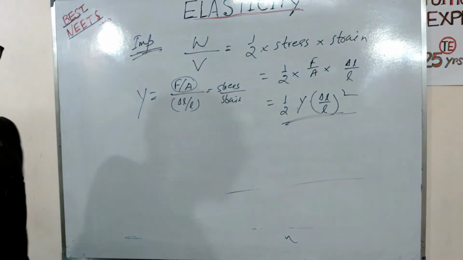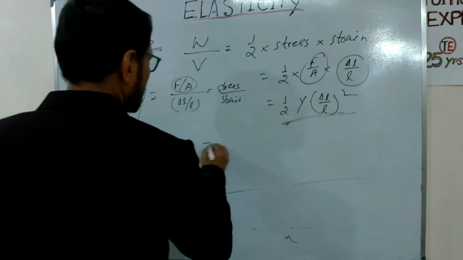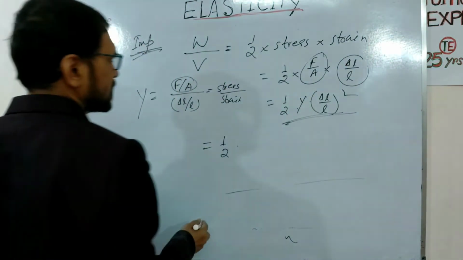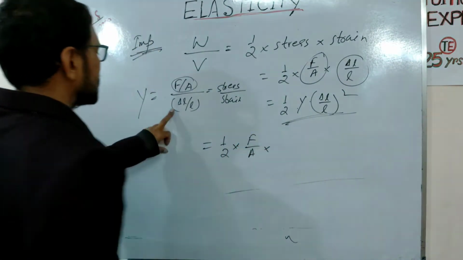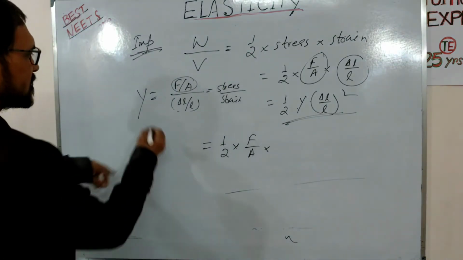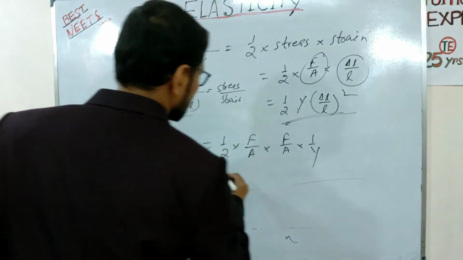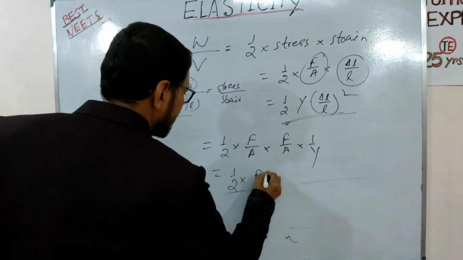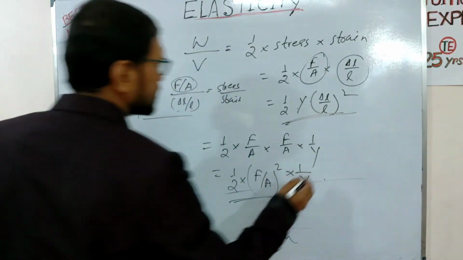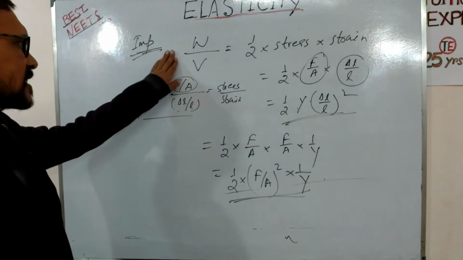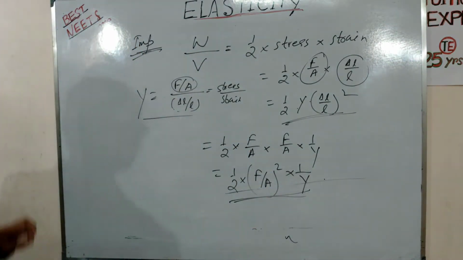Sometimes F by A is not present, sometimes del L by L is not present. So when del L by L is not present, we can eliminate it from this relation. Del L by L equal to F by A into 1 by Y. So half F by A whole square into 1 by Y. So these are the different expressions of energy density.